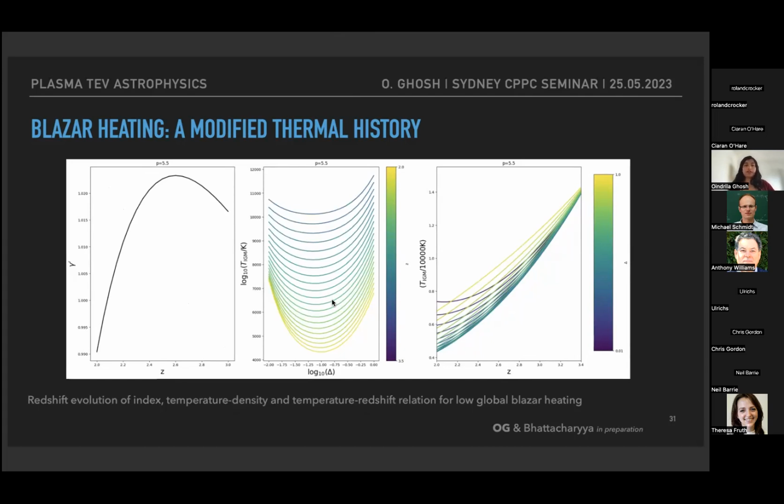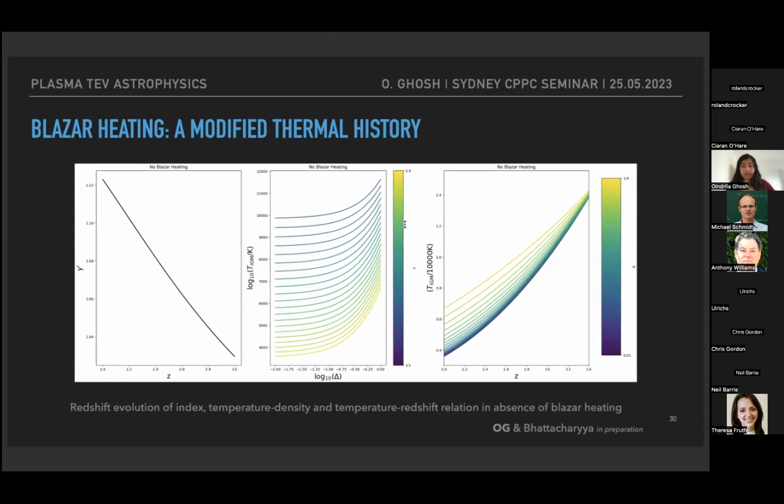So here you see P equals 5.5, which corresponds to a very low level of heating. In this case, the index versus redshift curve is inverted, and we start seeing the impact of this blazar heating in how these curves change.